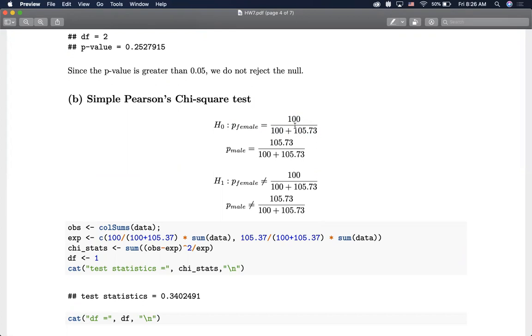Per 100 female, you will get 105 male. So this is 105 over the sum, and that will give us the probability of female and probability of male. Under the null hypothesis, we want that to be the same, but the alternative is not the same.